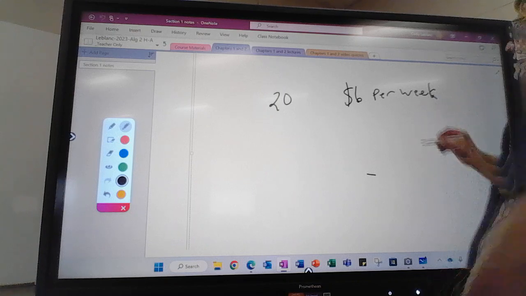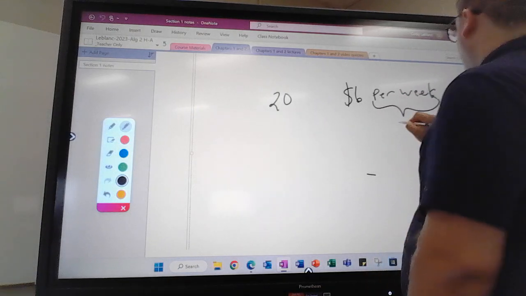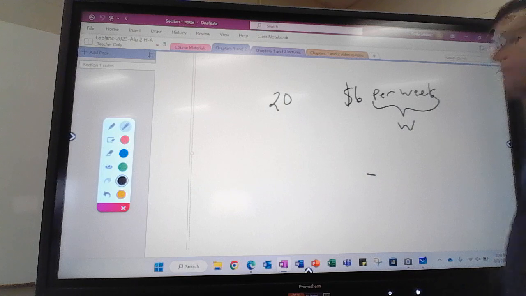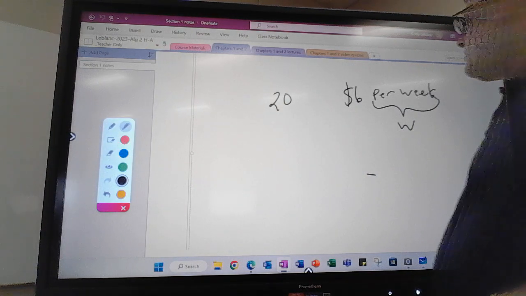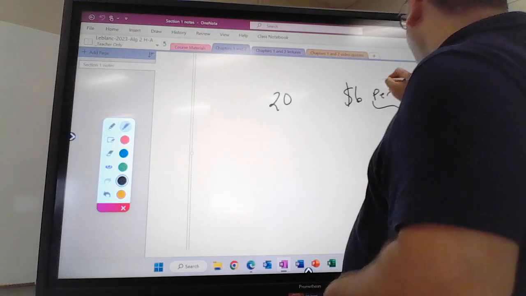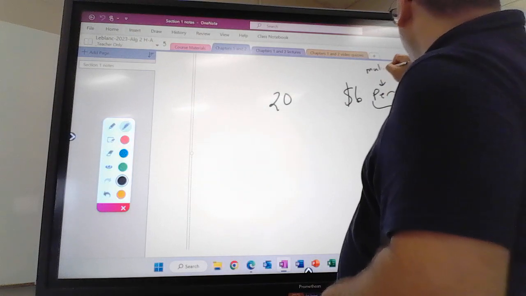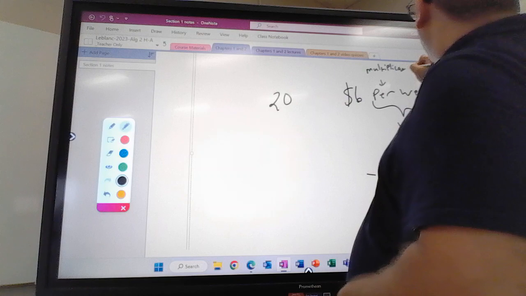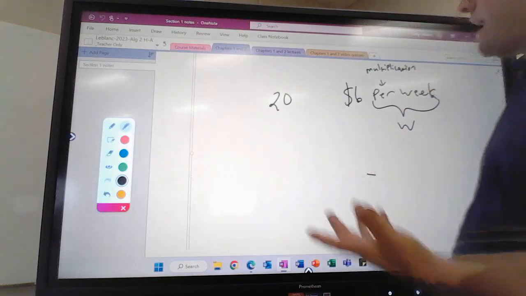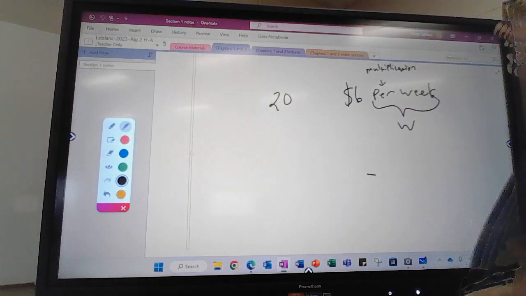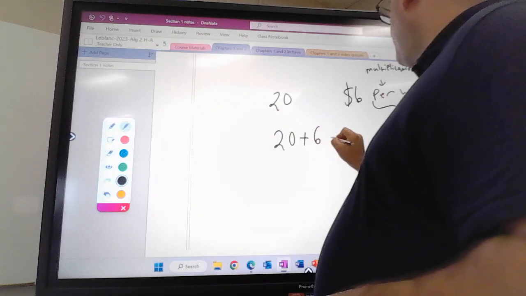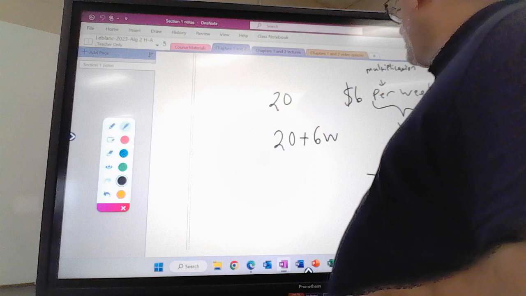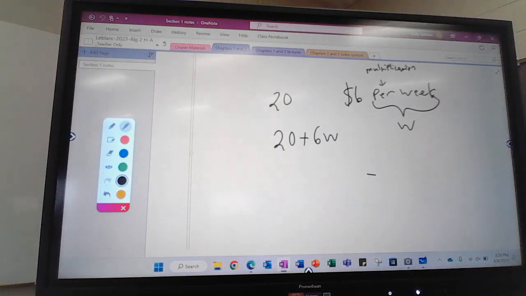So we'll let W be the number of weeks that have passed. And per right here implies multiplication. So to find out how much money you make in a given amount of time, you take your initial amount here plus your weekly pay, 6 times W. You've just made an expression that models a situation.